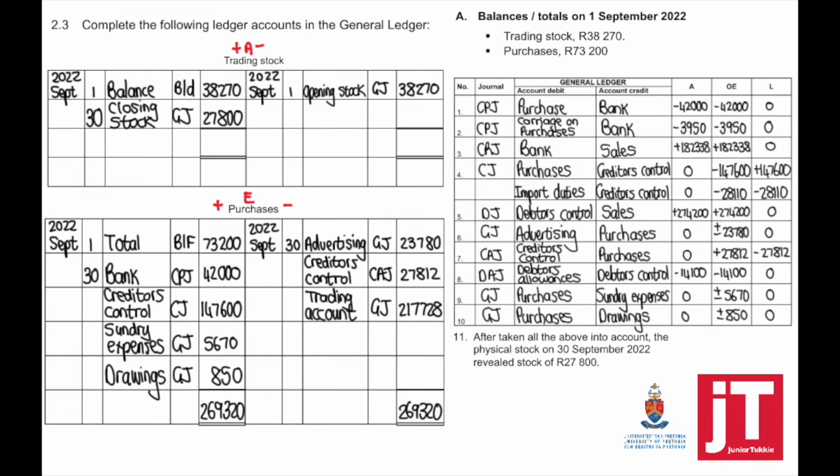So we've got 27,800 left over. If I now close off the trading stock account, we have a balance of 27,800. The closing stock at the end of last year or end of September will become my opening stock in October.